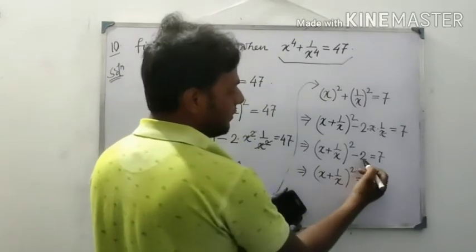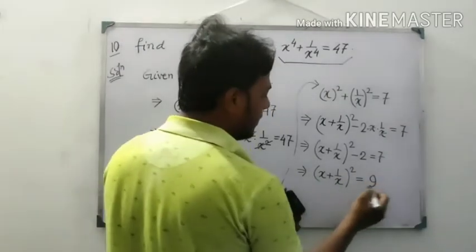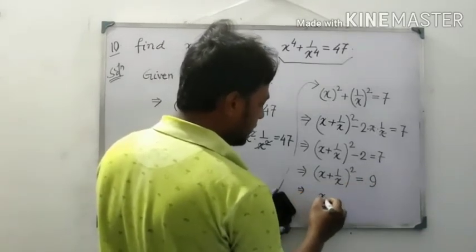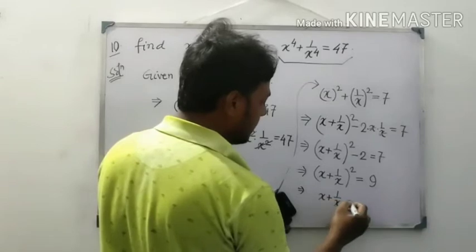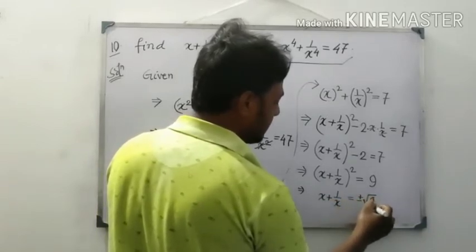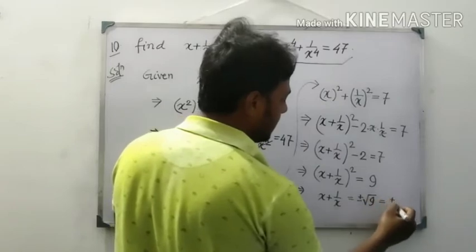Just consider this term on the right hand side, so this will be 9. To remove this square, we have to take the square root. So x plus 1 by x equals plus minus root 9 equals plus minus 3.